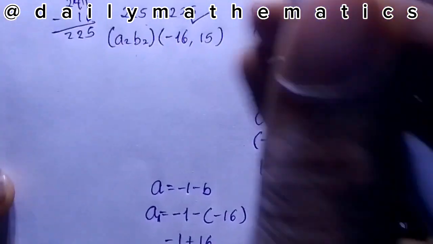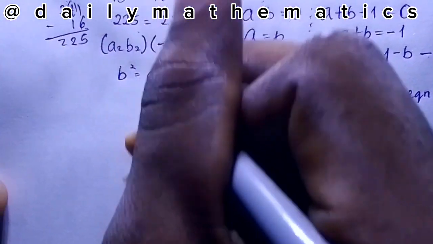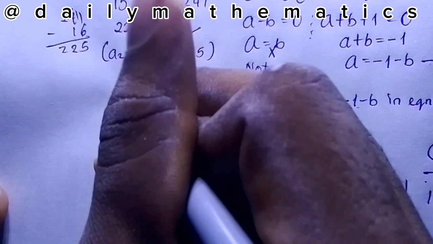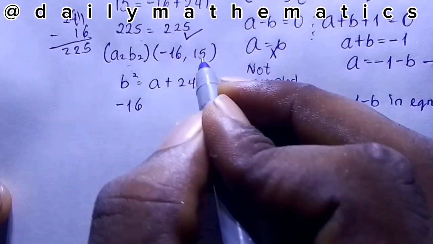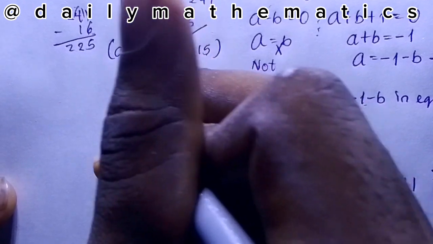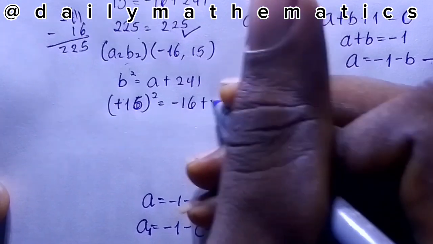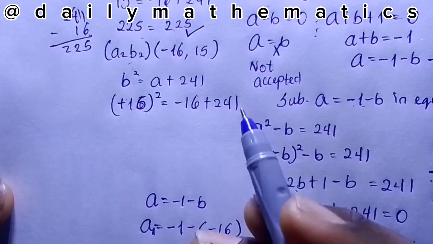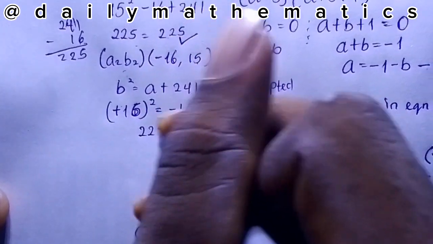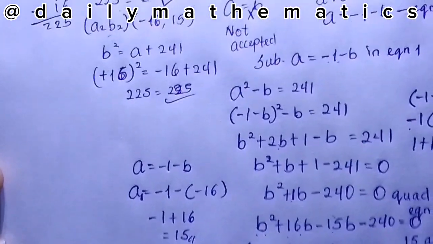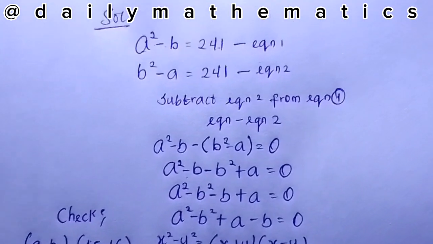Here b squared is 15 squared, equals a, which is minus 16, plus 241. It's still the same thing, giving us 225 equals 225, so we are correct. That brings us to the end of this question. We have two values of a and two values of b.